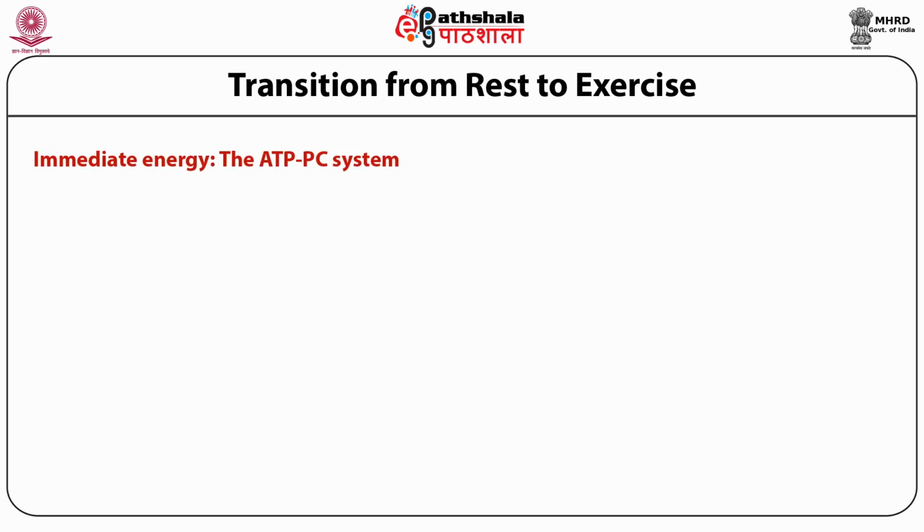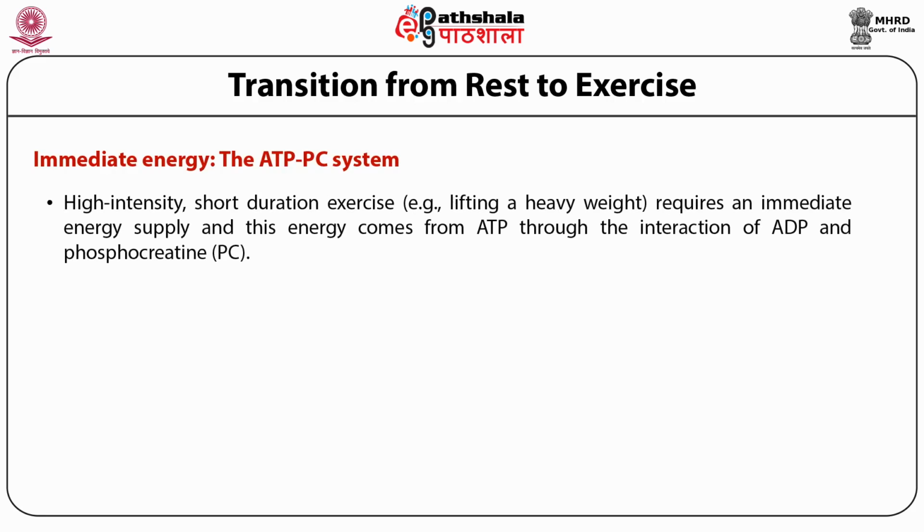Here, the immediate energy is the ATP-PC system. The high-intensity, short-duration exercises, for example, lifting a heavy weight, require an immediate energy supply. And this energy comes from ATP through the interaction of ADP and phosphocreatine.